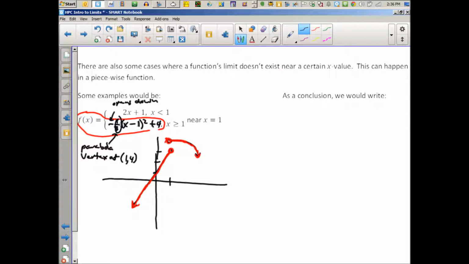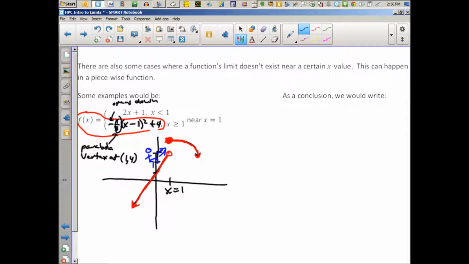But the point is, you can tell the limit doesn't exist. Why? Well, actually, this point is bubbled in. So you can see it's bubbled in for the parabolic piece, and it's open for the linear piece. Okay, so why does the limit not exist? Well, as you come from the left, right, so let's picture the boy coming towards x equals 1, right?